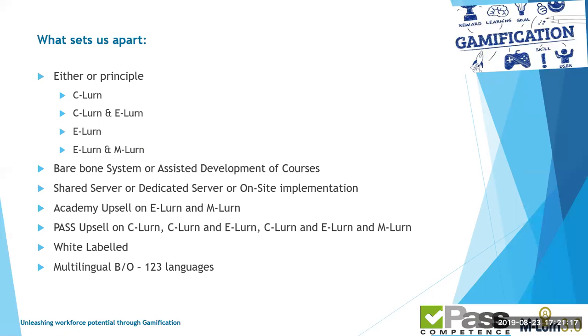We can allow for a bare-bones system, or assisted development of courses. We can allow for a shared server, dedicated server, or on-site implementation if required. You can also have an academy upsell, which avails our academy directly to the clients, and that is available on eLearn as well as mLearn.